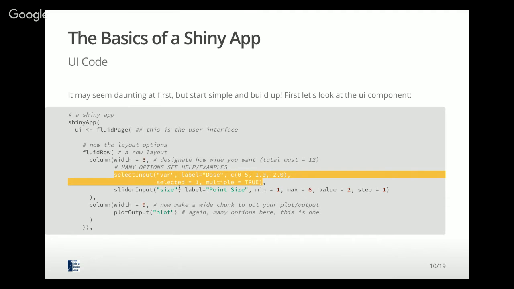This is just a simple drop-down box, a select input, and it says, let's select what dose we want to use. You list that data, and you could even list a vector here, so it doesn't have to be a list. Then you tell it what you want the default to be: when we open this up, what is the selected unit going to be?